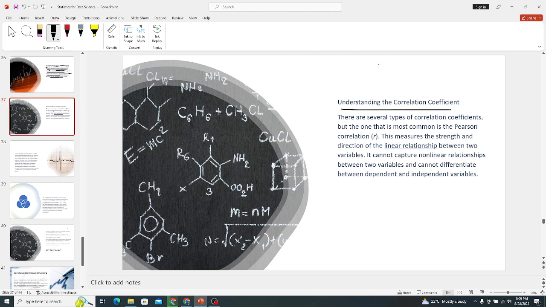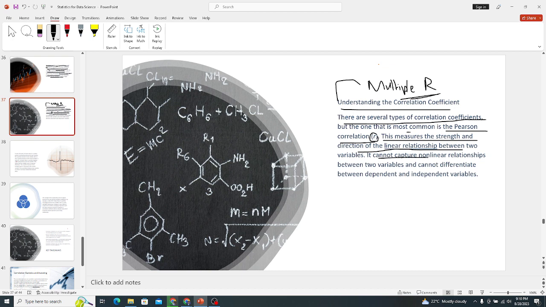Understanding that is correlation. There are several types of correlation coefficients, and the most commonly used is the Pearson correlation, that is R. Remember I had also said that when it comes to regression, the correlation coefficient is called multiple R. This measures the strength and the direction of the relationship between two variables.